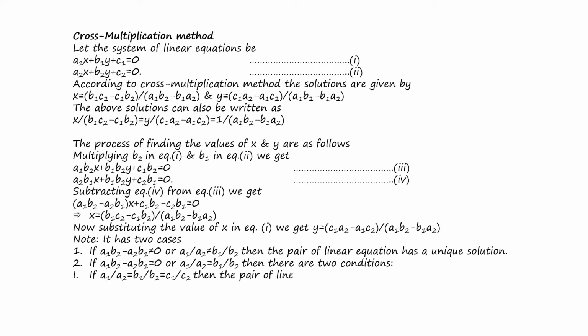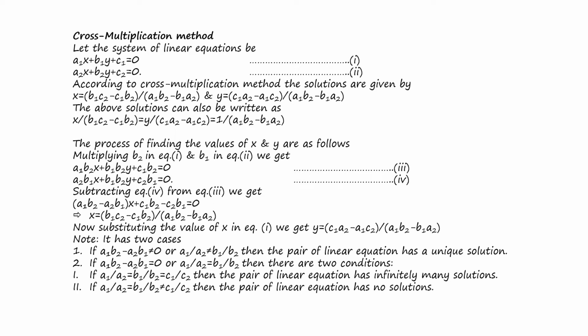The first one is if a1 by a2 equals b1 by b2 equals c1 by c2, then the pair of linear equations has infinitely many solutions. But the second condition is if a1 by a2 equals b1 by b2 is not equal to c1 by c2, then the pair of linear equations has no solution.